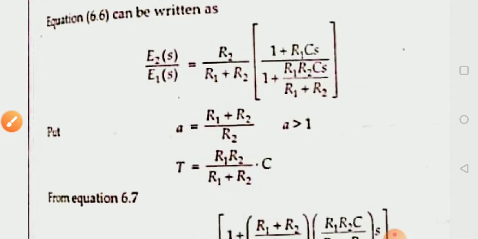Now we denote (R1 plus R2) over R2 by A, and R1 R2 over (R1 plus R2) into C by T.